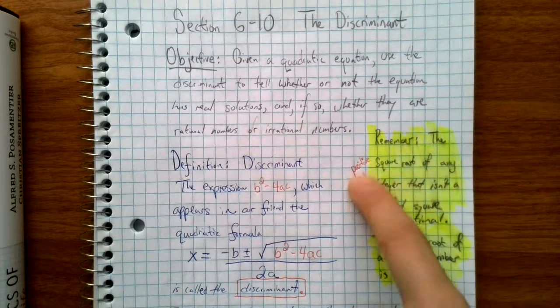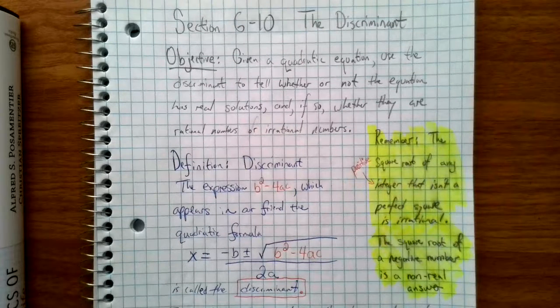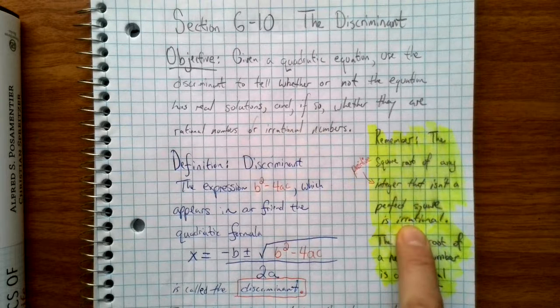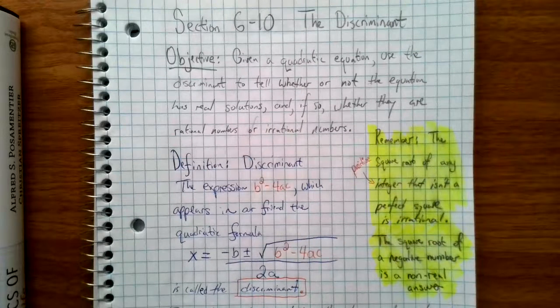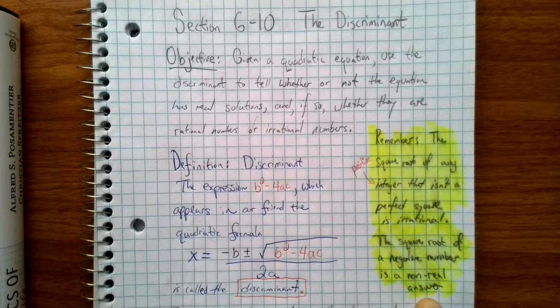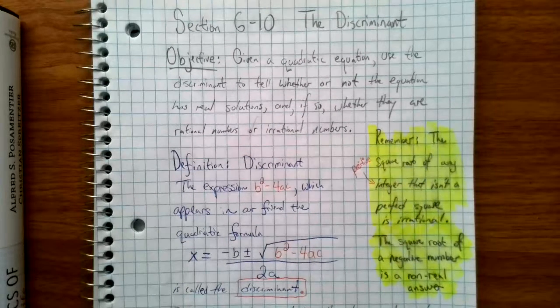The square root of any positive integer that is not a perfect square is irrational. And the square root of a negative number is a non-real answer. So we're going to use those two facts within the context of the discriminant.